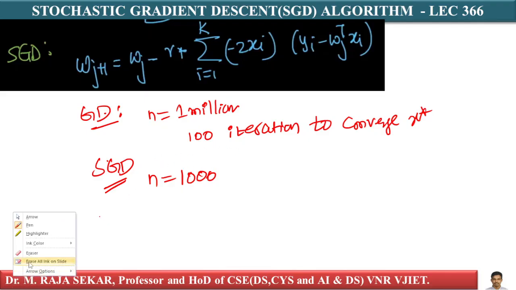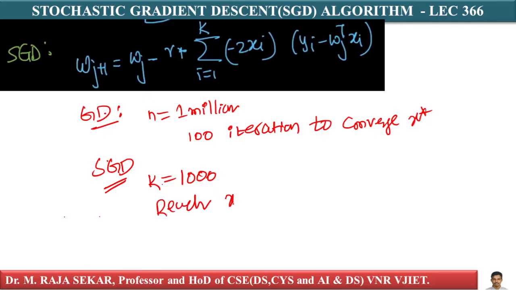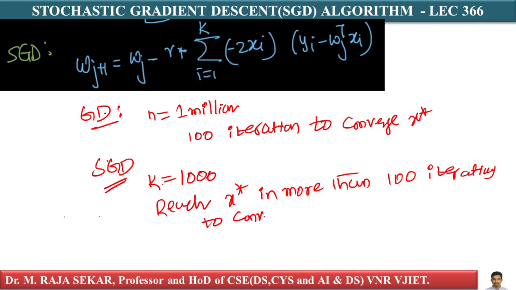I must not say n here, I must say k. In the case of stochastic gradient, k equals 1000. In stochastic gradient descent, probably you reach X star, the optimal solution, in more than 100 iterations.